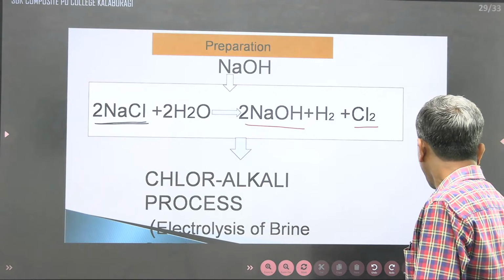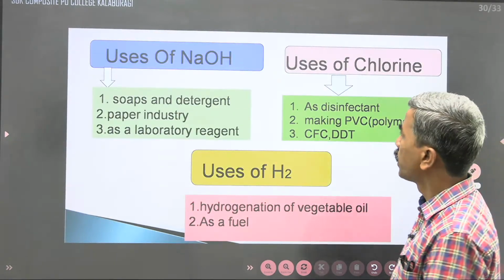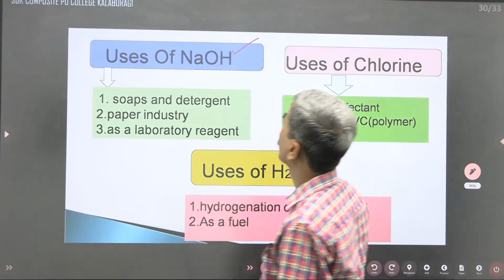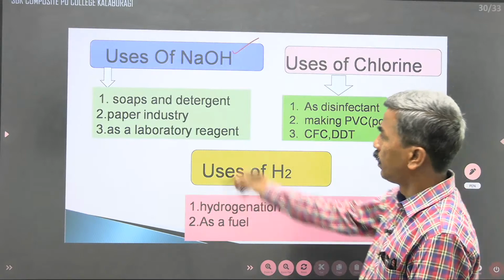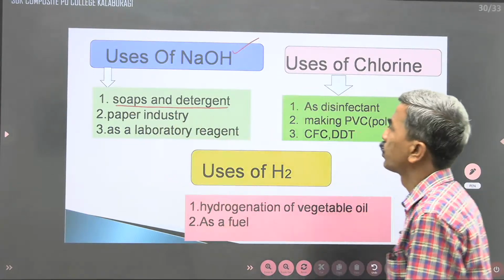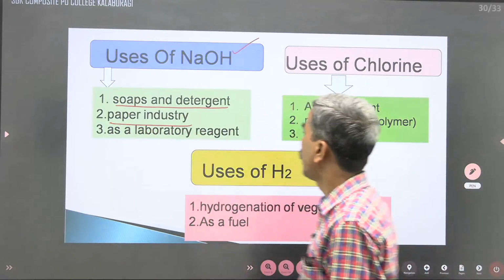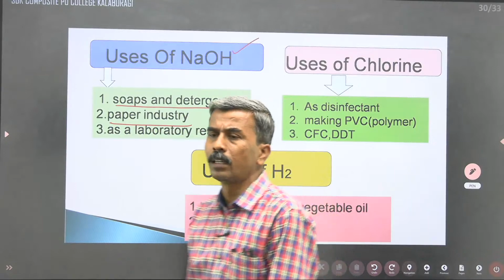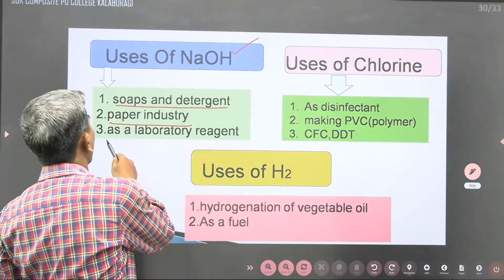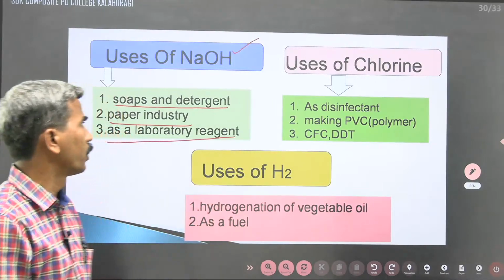Then we discussed the applications of sodium hydroxide. Sodium hydroxide is used in the production of soaps and detergents, and in the paper industry. Along with that, it is a useful reagent in the chemistry laboratory.